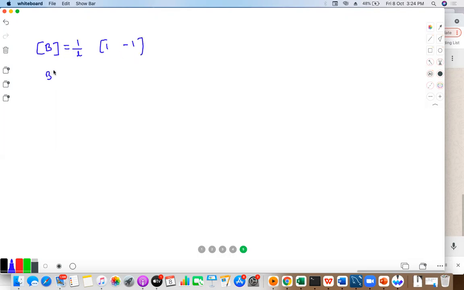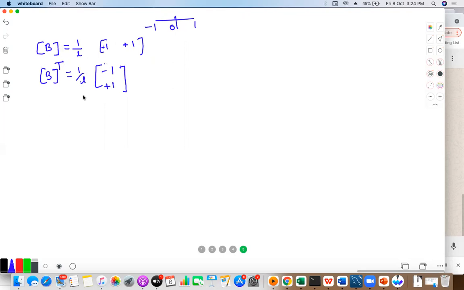So B transpose can be written as 1 upon L into (-1, 1), sorry, this is -1. As we start from this, if this is 0, this is -1, this is plus, so 1. So it is -1 plus 1, and this is -1 plus 1. Okay. Now this is B transpose.